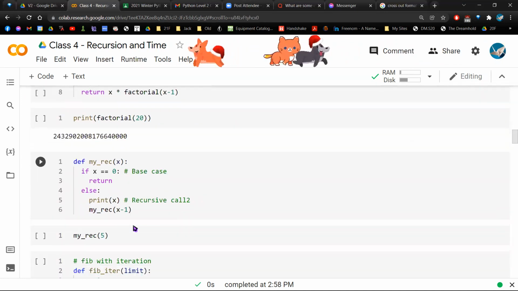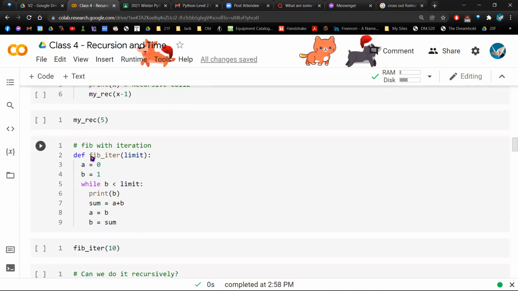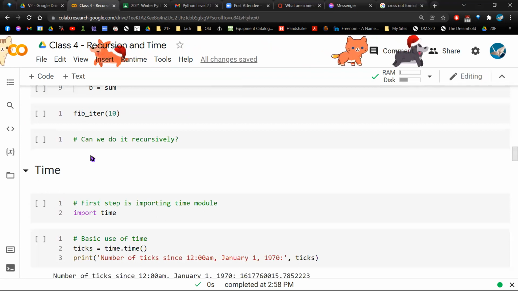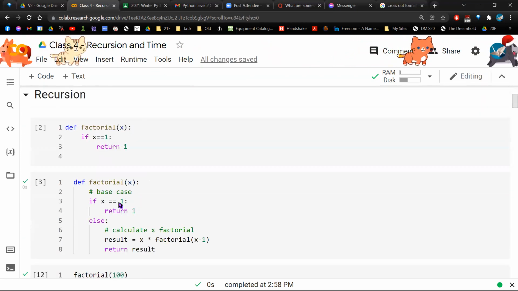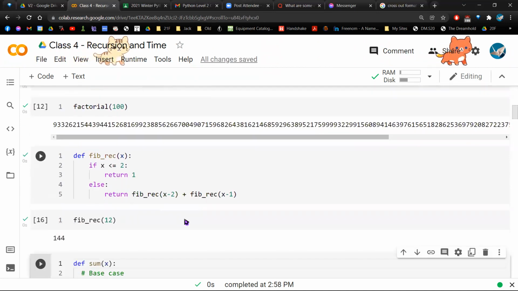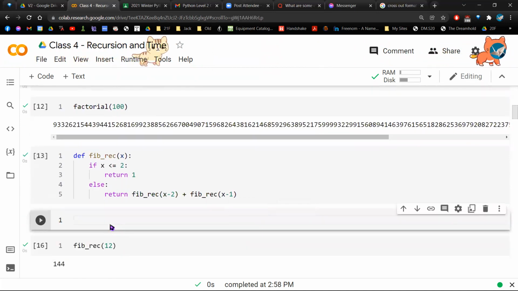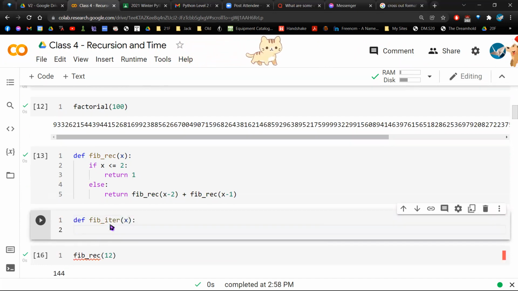Later on here, I do have a different function, but this is our recursive definition, and I'm going to do our iterative. So for our iterative solution, we just need to keep track of our first 2 numbers and keep adding them up, keep calculating the next number again and again.